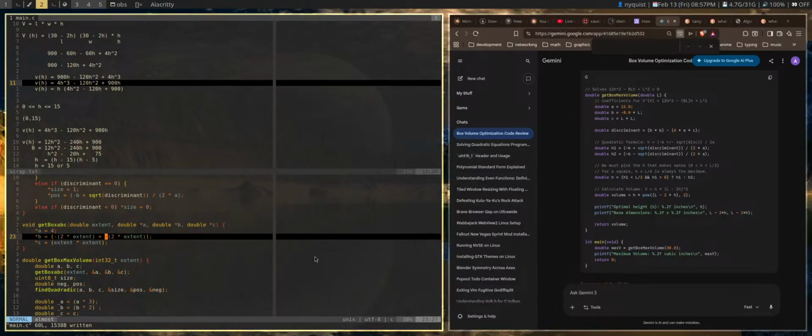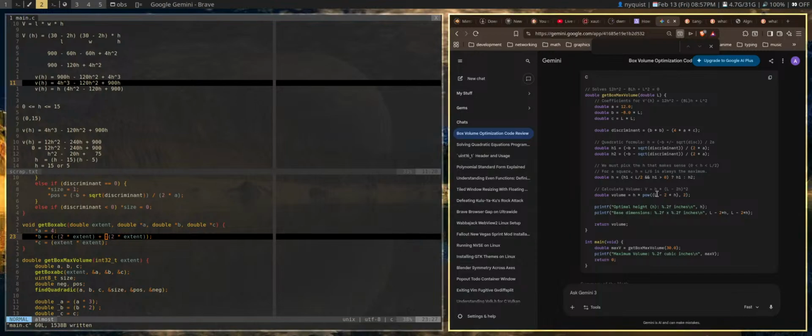Thank you, ChatGPT, for making that look so easy. But it's doing length.